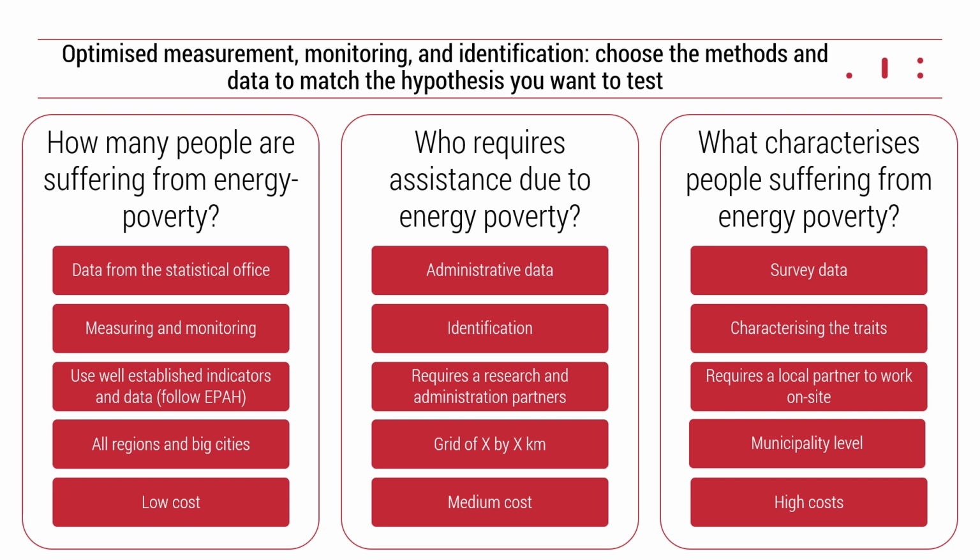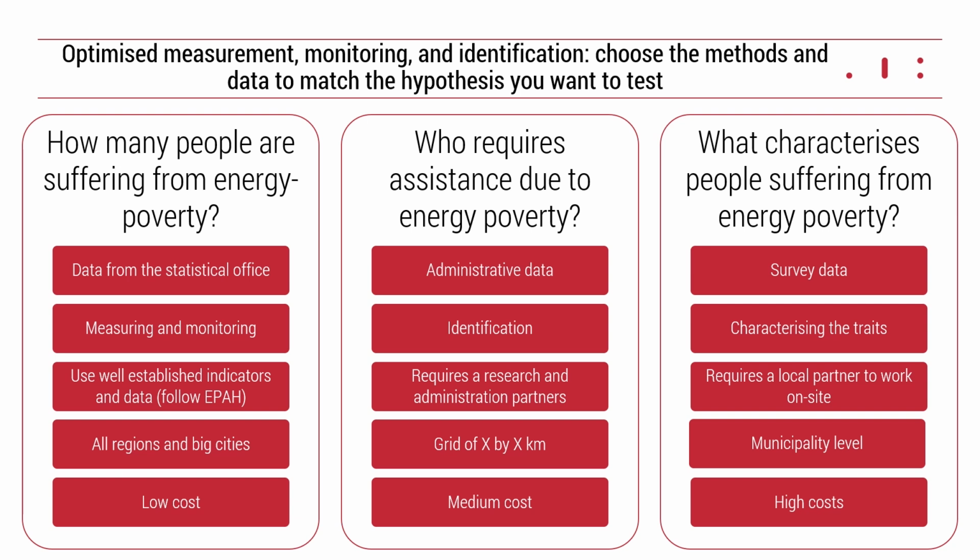So for some reason, due to the particular indicators your research partner is using, the scale of energy poverty in your particular municipality might differ a lot, but it doesn't necessarily mean that you have issues in your municipality with energy poverty. It might mean that your research partner is not using the best possible methods because maybe they are not familiar with the work of the Energy Poverty Advisory Hub.